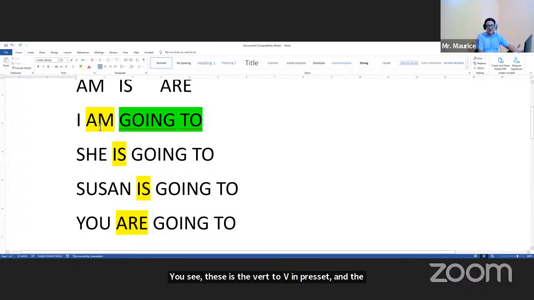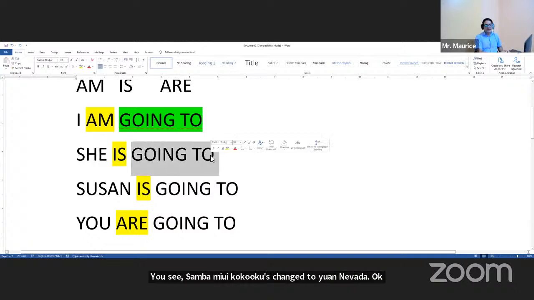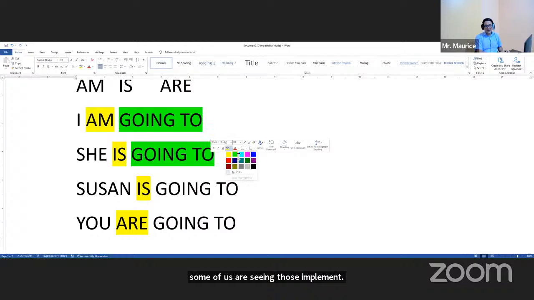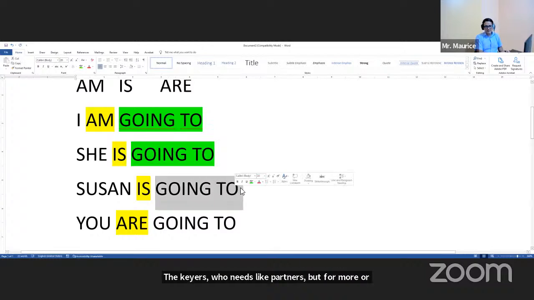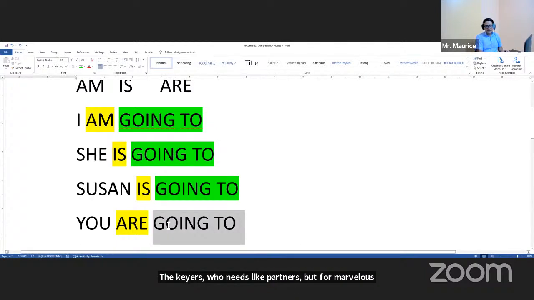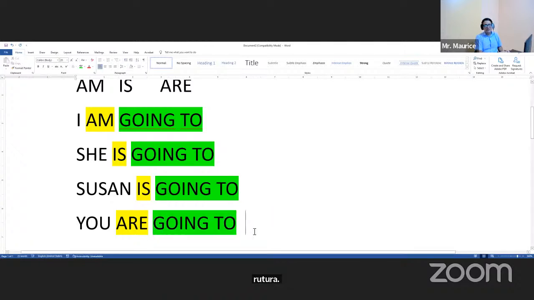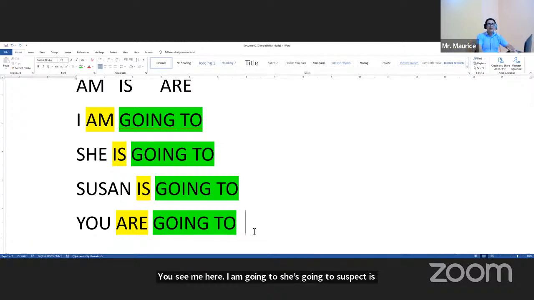You see, es algo muy básico, algo que usted estudió en nivel 1. Lo que estamos haciendo simplemente aquí es unir las partes para formar la estructura. I am going to, she's going to, Susan is going to, or you are going to.